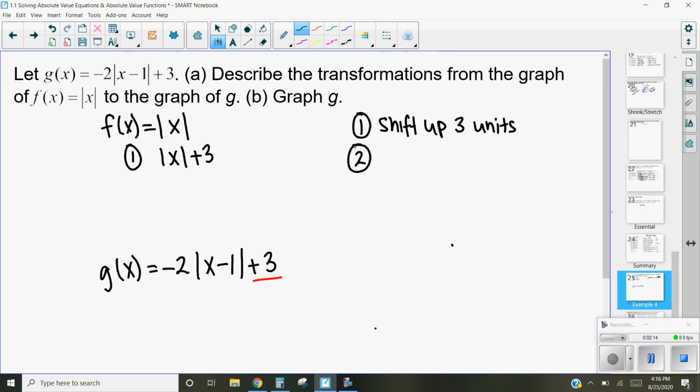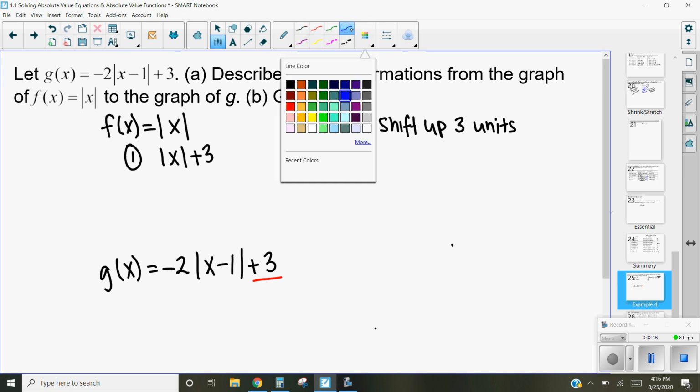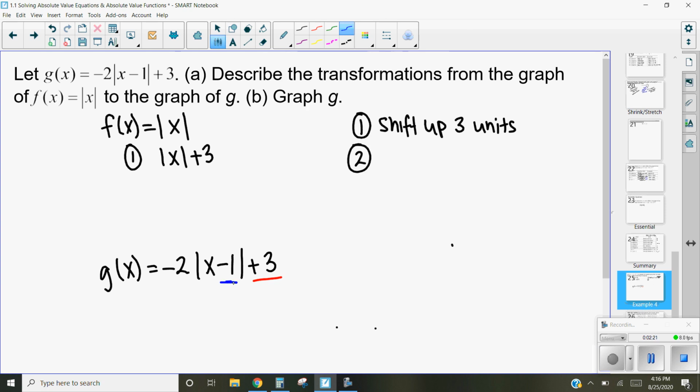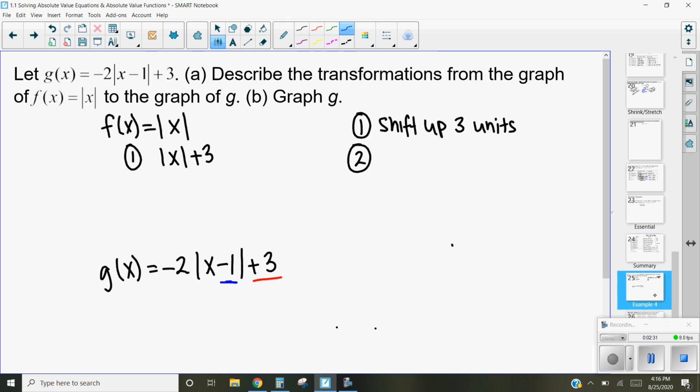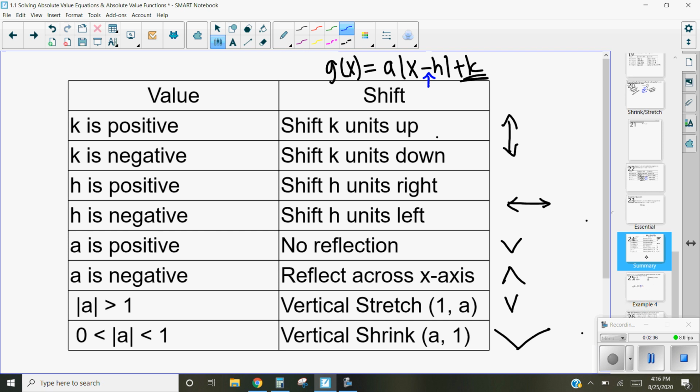The next number that I run into is that -1, and that is our h value. Remember, h has a minus right here, so is that really a -1? No. In our problem, this is just a regular 1. So 1 is a positive number, which means we're going to shift 1 unit to the right.